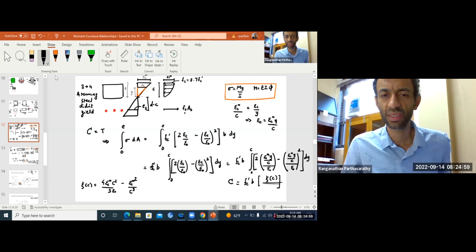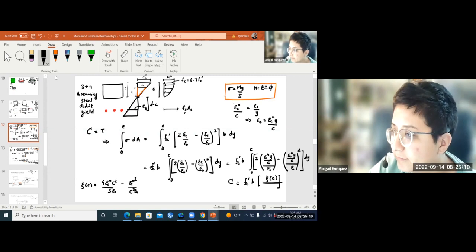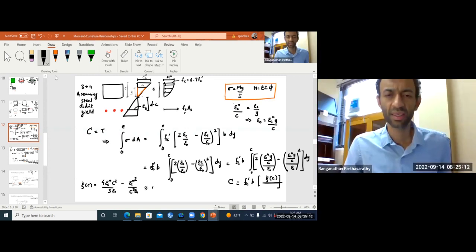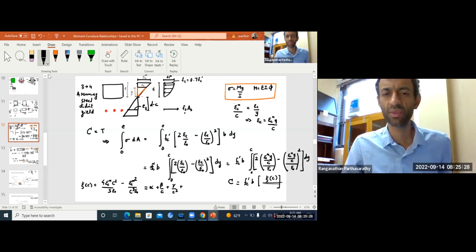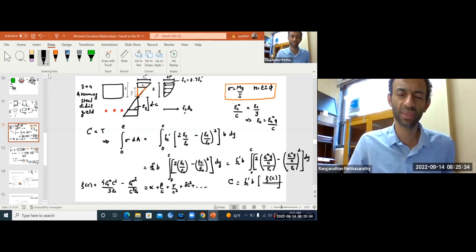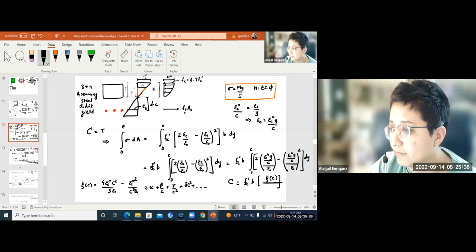There is epsilon not here, and some expression, all the terms are involving powers of C, right? In other words, it is something like alpha plus beta over C plus gamma over C square plus maybe in the numerator delta C square, whatever, right? So it is all in terms of C.